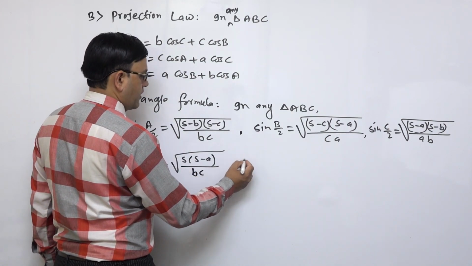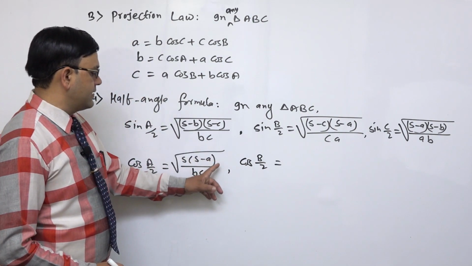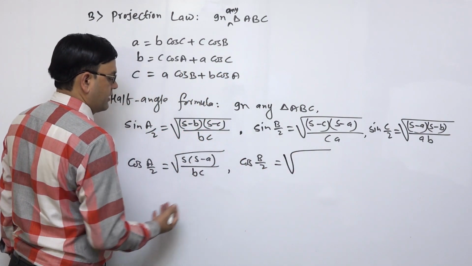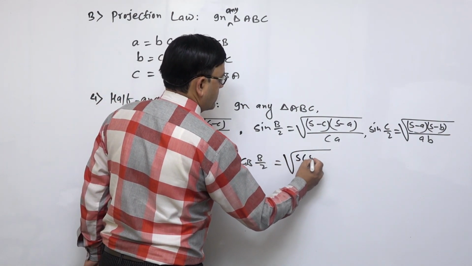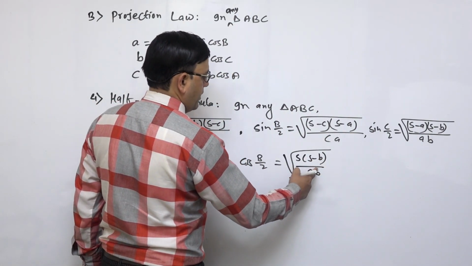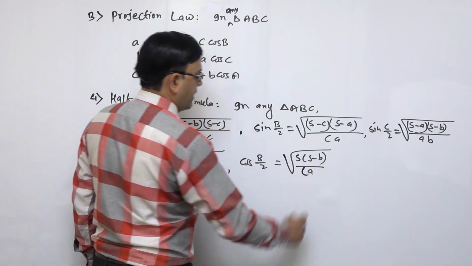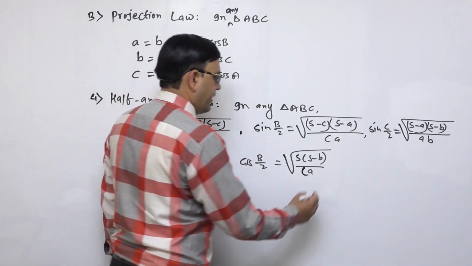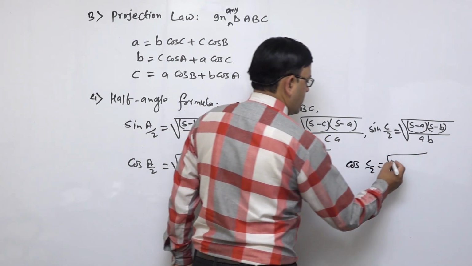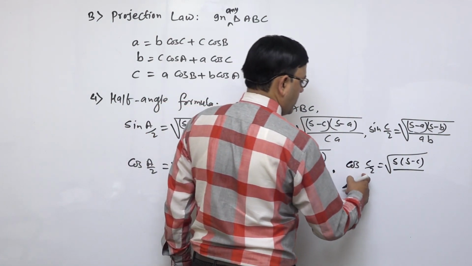Similarly, cos B by 2 is equal to root under s(s minus b) by ab, or we can write ca. Similarly, cos C by 2 is equal to root under s(s minus c) by, we need ab.